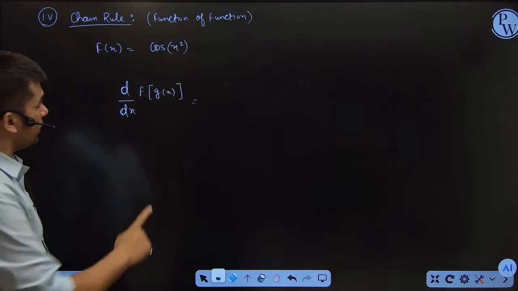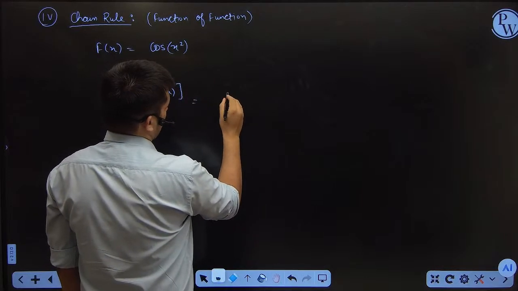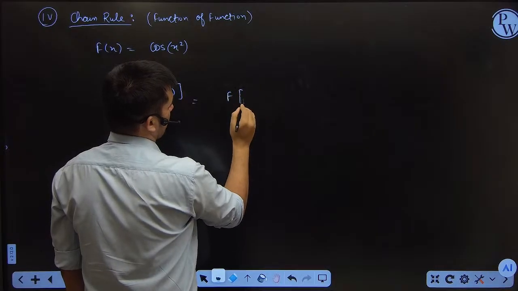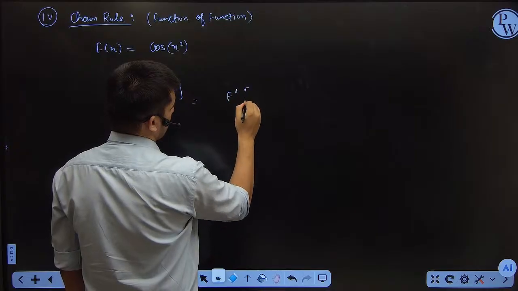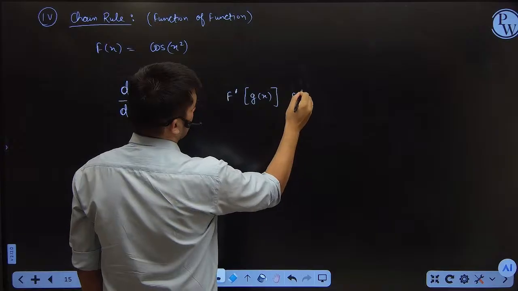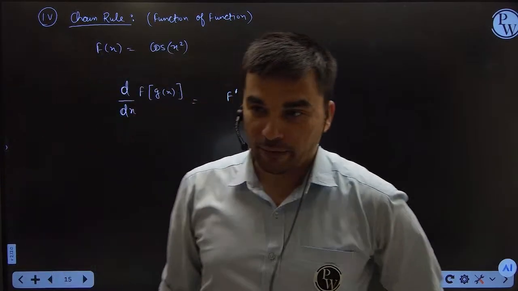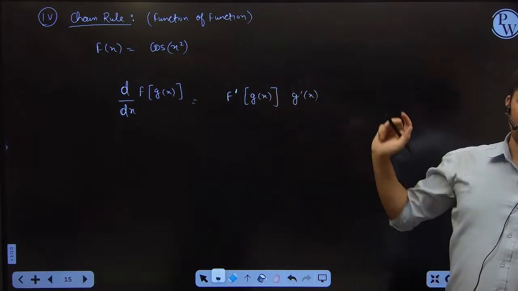So under these conditions, the derivative is going to be f dash of g of x multiplied by g dash of x. Write it down. Try to understand what I have written here. f dash of g of x multiplied by g dash of x.